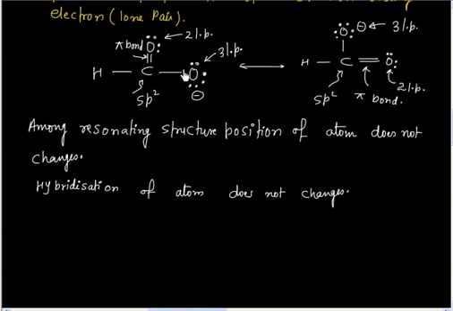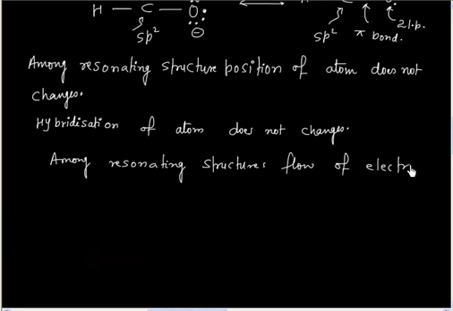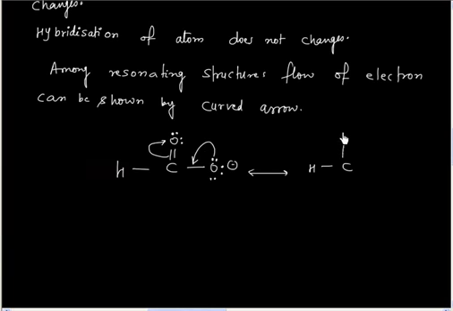Now the flow of electrons can be shown by the curved arrow. So among resonating structures, the flow of electrons can be shown by curved arrows. For example, if I flow this electron here and this bond pair to a lone pair, we will have 3 lone pairs of electrons here, 2 bond pairs and 2 lone pairs.